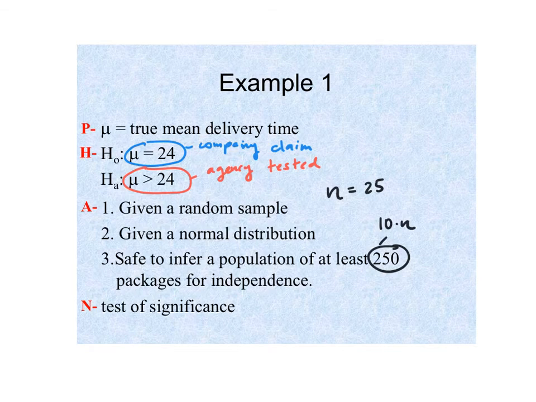All right. So let's go to the next letter in the acronym. That letter is T, which stands for find the test statistic. In this case, find the z-value. Okay, so this is the calculation part, if you want to think of it that way.